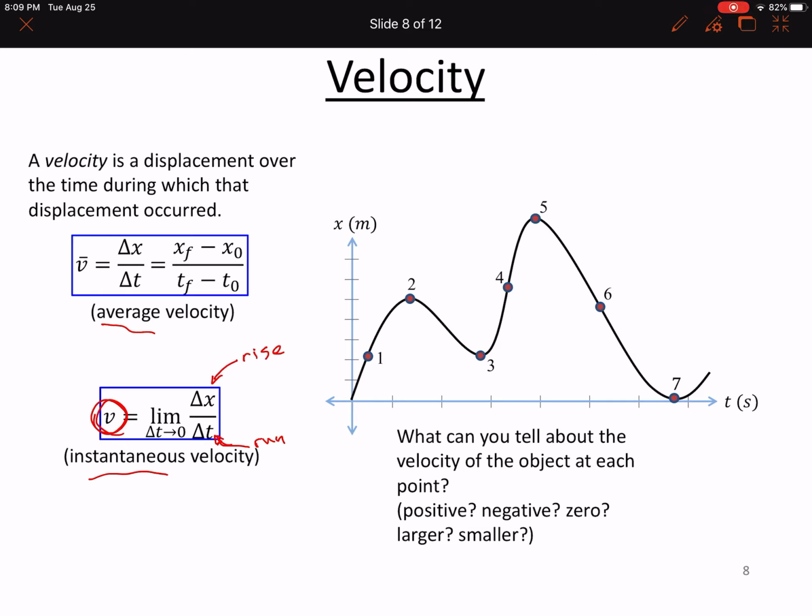So let's take a look at a couple. At point 1, remember, to figure out the slope, you look at the line tangent to a point on the graph. I'm not drawing it particularly well, but we can tell that that's pretty steep and it's a positive slope, so you're increasing your position. It's a large slope, so a large velocity at this moment in time. This object is going very fast, but then it starts hitting the brakes, and eventually, once we get to 2, it has come to a stop.